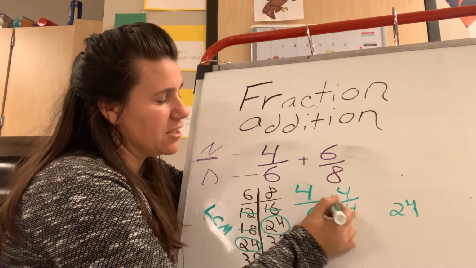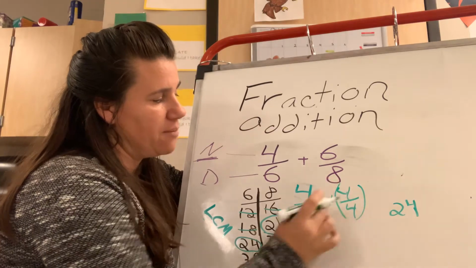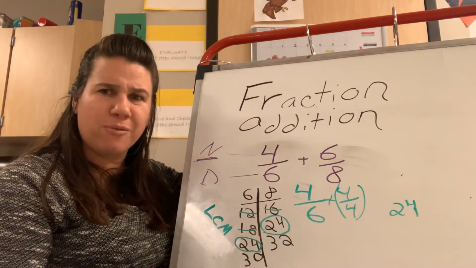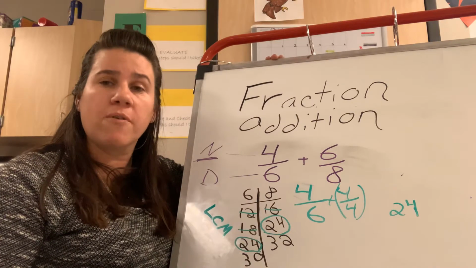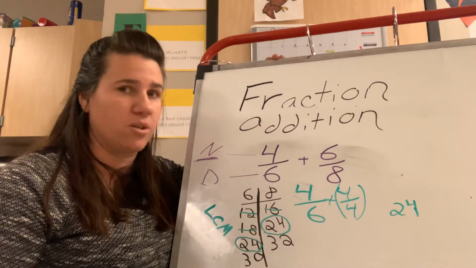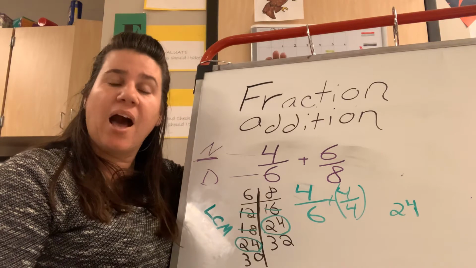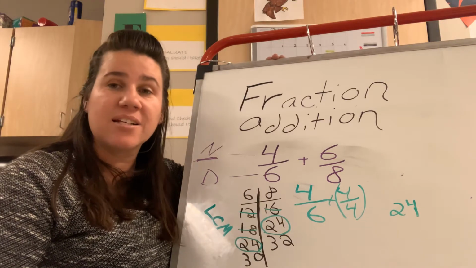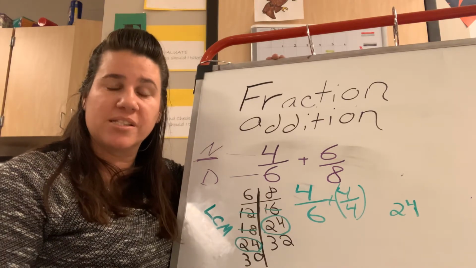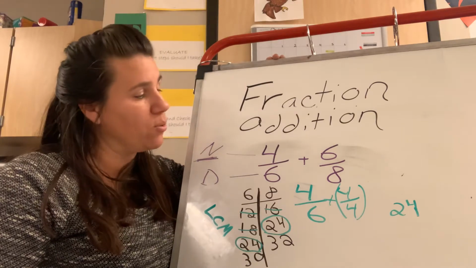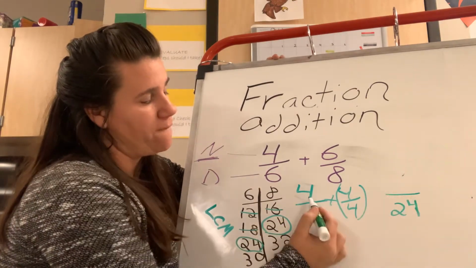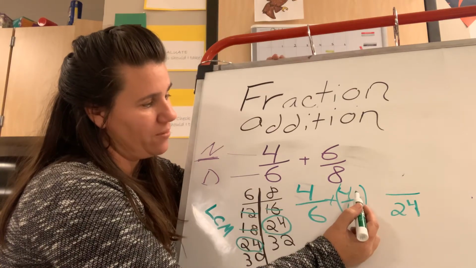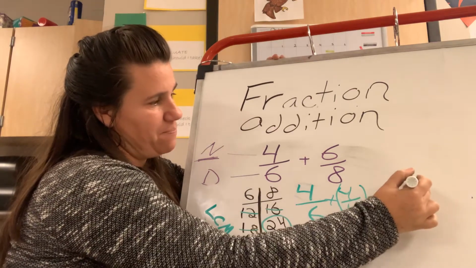And sometimes people ask, well, why 4 over 4? Well, what is 4 over 4? Well, 4 over 4 is equivalent to 1 whole. And I know the rule is that anything times 1 is always itself. So that's how I can find an equivalent fraction. So 6 times 4 is 24. 4 times 4, 16.